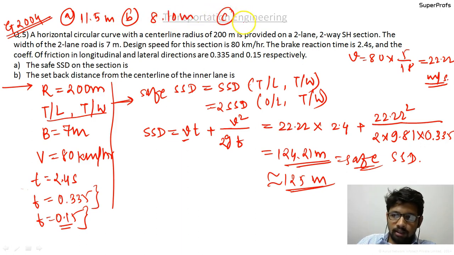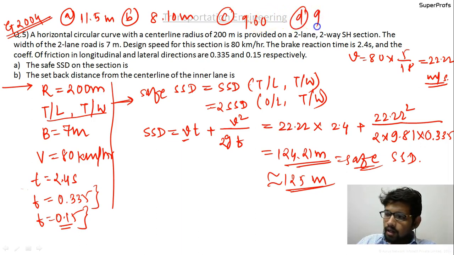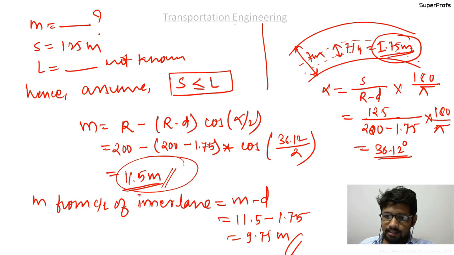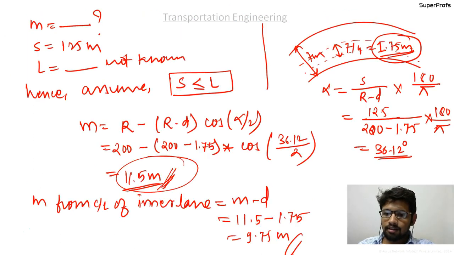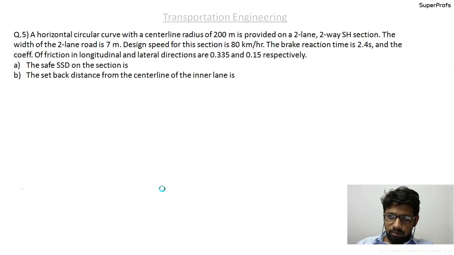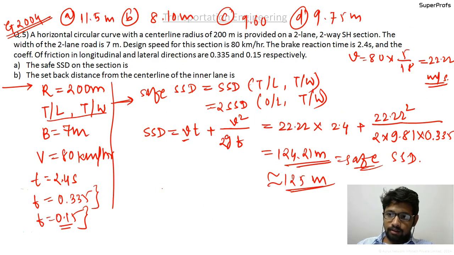Option C is 9.60 meters, and option D is 9.75 meters. Many students calculated this answer as 11.5 meters and immediately went on to take option A. But the right answer to this question is option D, that is 9.75 meters.